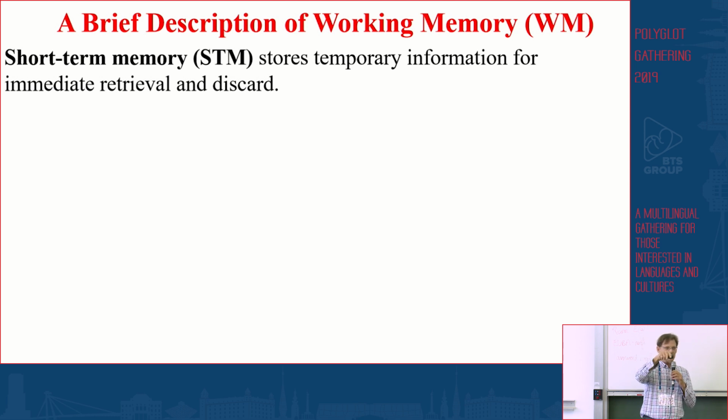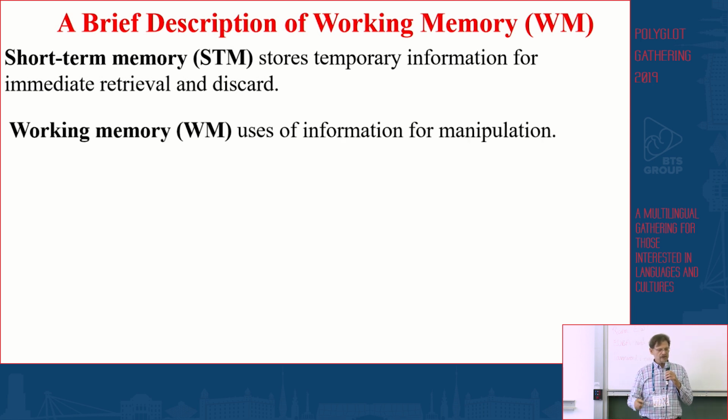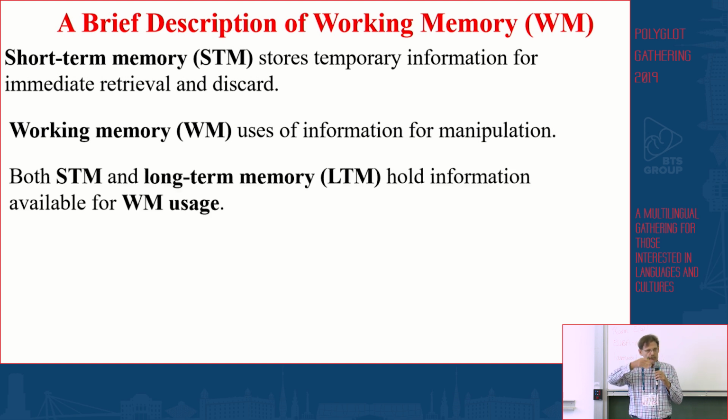Okay, so we had working memory and inhibitory control. We're going to start off with working memory here. All right, so there are different types of memory. You have working memory and short-term memory. Short-term is a temporary storage of information for retrieval, and working memory is where you use that memory. So both short-term memory and long-term memory hold information for working memory.